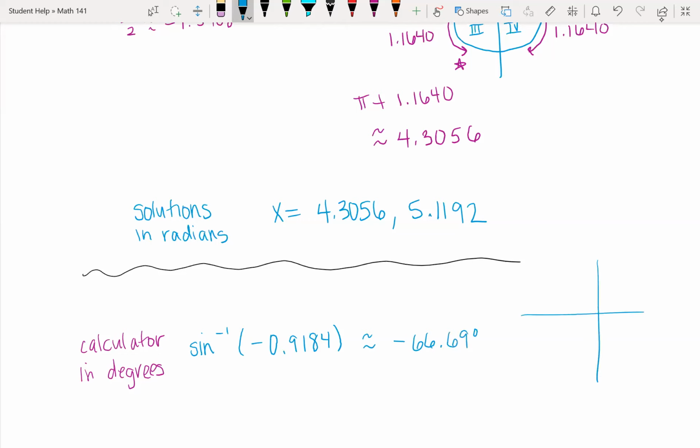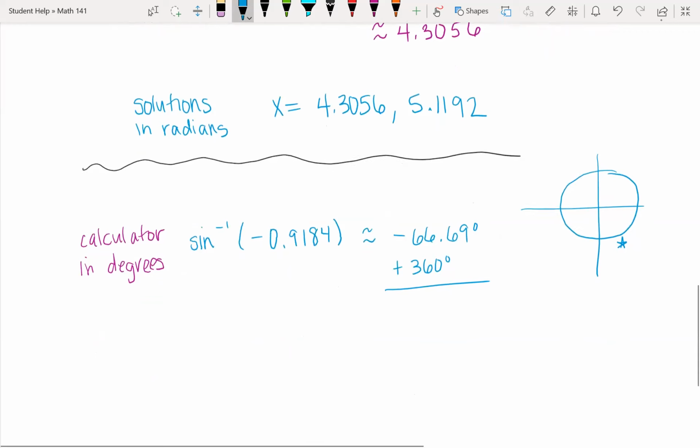So similar to what we saw before, we know that that is somewhere over here. We add 360 degrees to that to get a positive value. So plus 360, and we get 293.31 degrees is one of our answers.